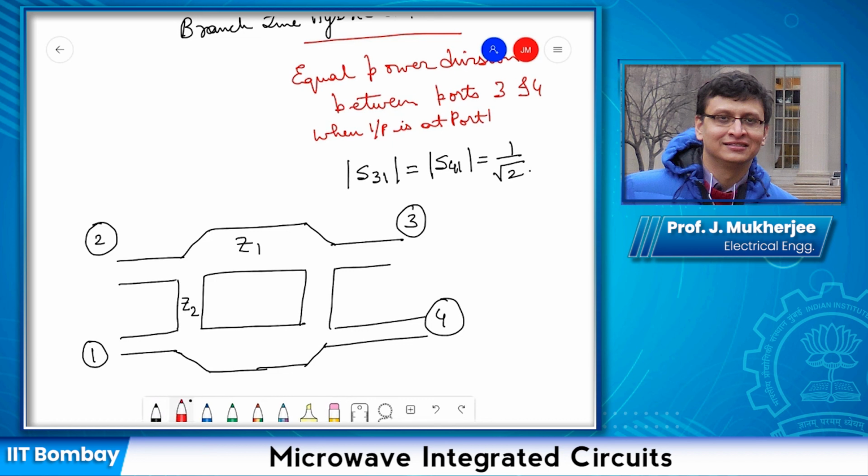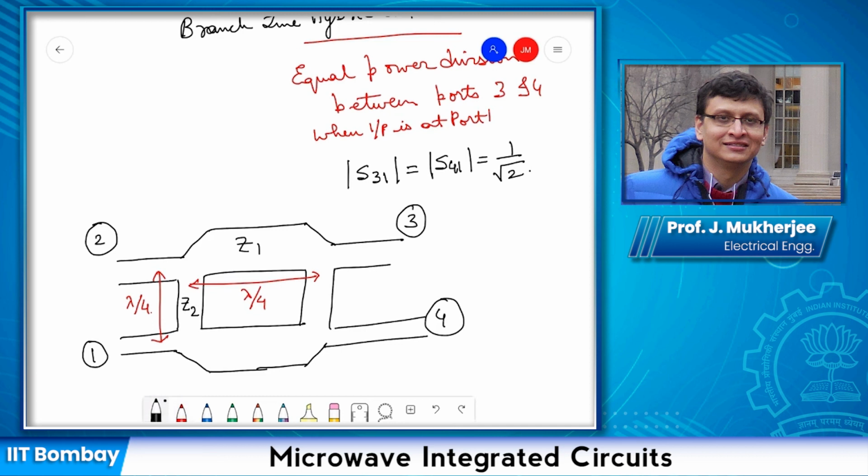Now, the length of each of these segments is lambda by 4. So for example, this is lambda by 4. And this is lambda by 4.